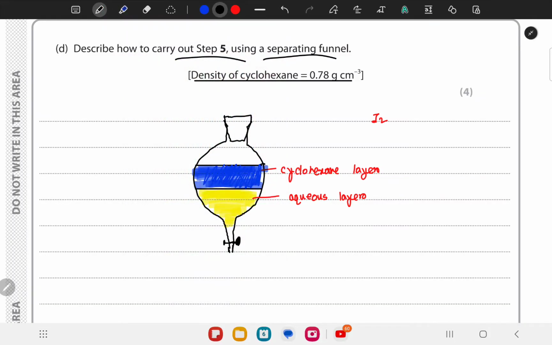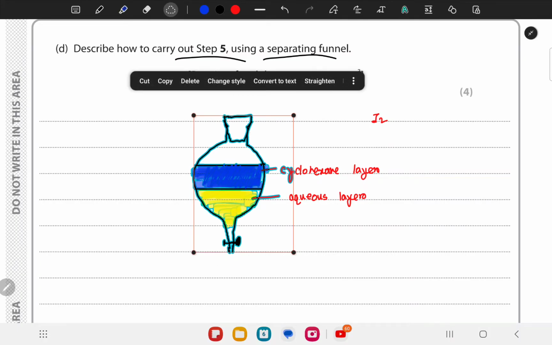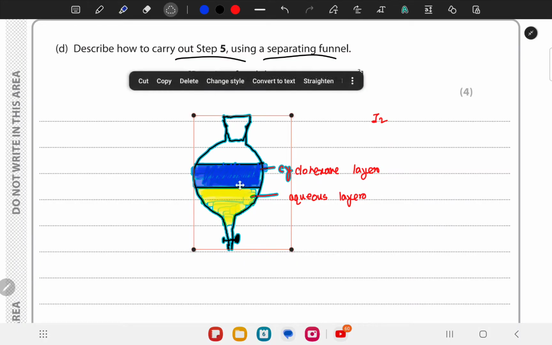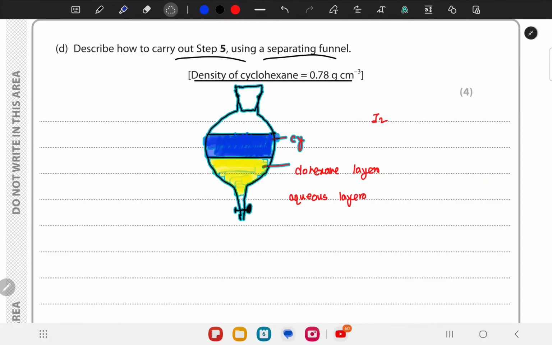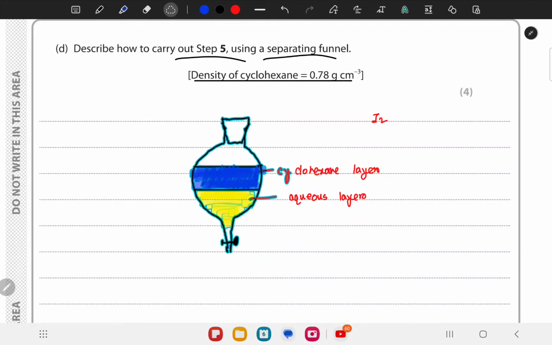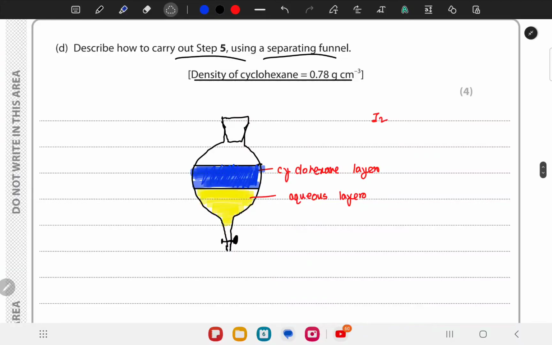Now after we add the iodine solution over here, we'll invert this upside down a few times. We're going to shake it to mix it up. We are also going to invert it, so flip it upside down.